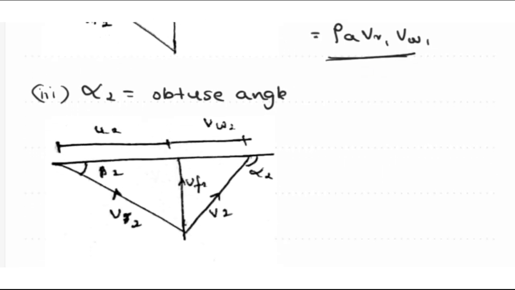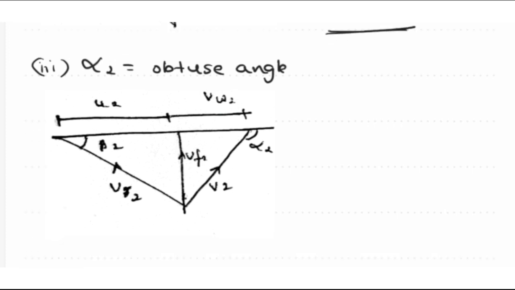Similarly, when alpha 2 is an obtuse angle, nothing but greater than 90 degree, what happens is the V2 line shifts from here to here. So this will be U2, and from Vf2 to V2 is always Vw2.